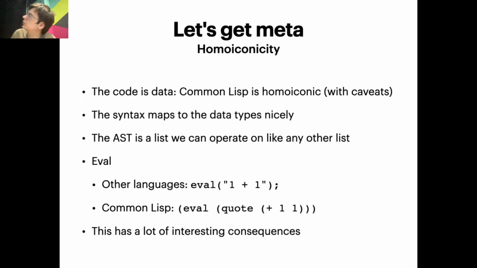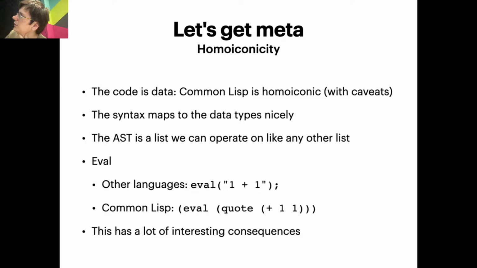So going back, yes, we can simply evaluate it directly. While in other languages, like for example JavaScript, eval is given a string to evaluate, in Common Lisp we are given a list, a well-formed list like any other list in our programming language, which we can operate on.